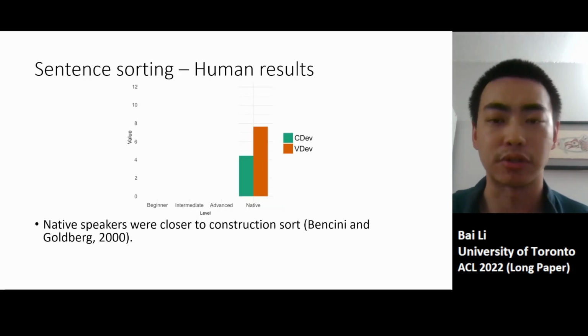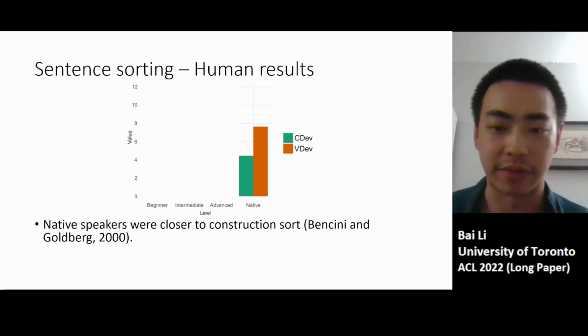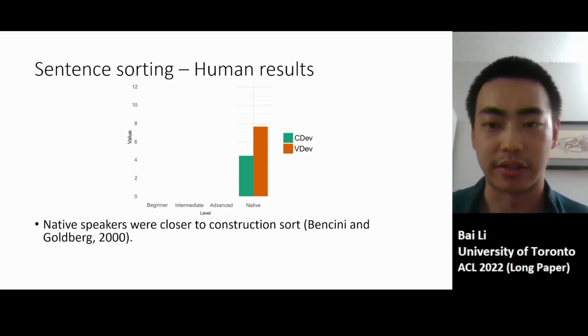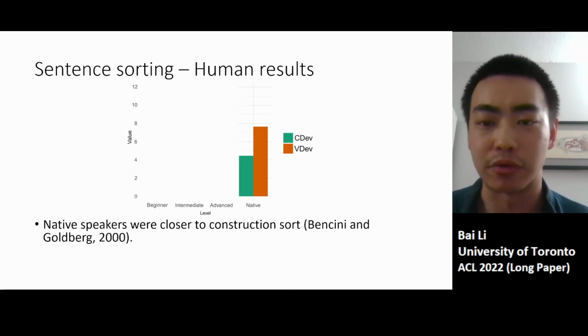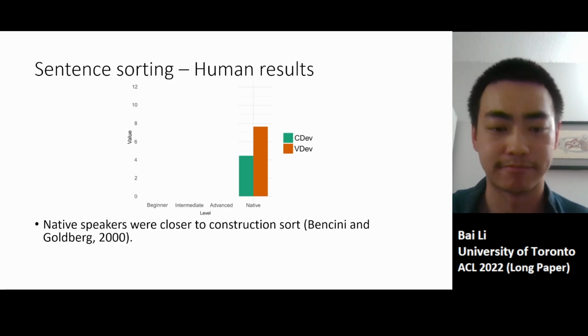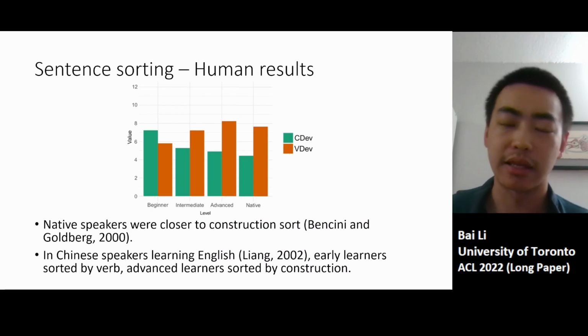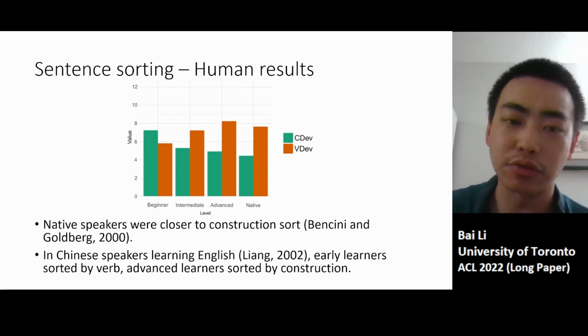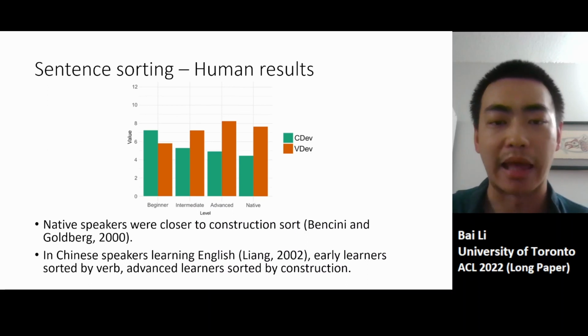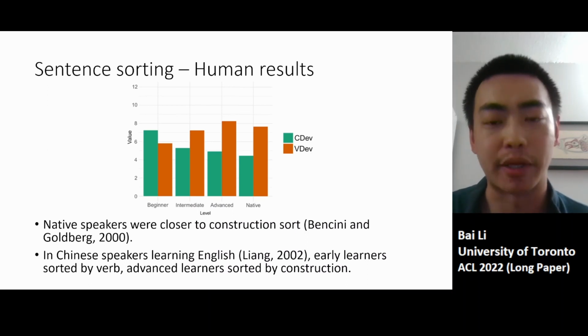Here are the results of this experiment. In the native speakers, they found that they sorted more by construction than by verb. So the construction deviation, which is in green, is lower than the verb deviation, which is in orange. Next, in a subsequent study involving Chinese speakers who were learning English, they found that the beginners sorted more by verb, and the advanced speakers sorted more by construction.